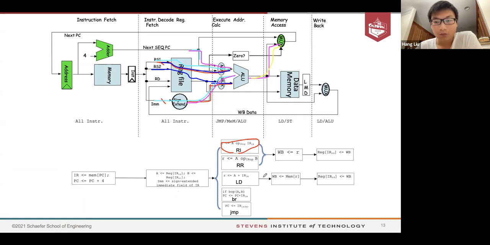And then once you finish this, for the memory access, you can have either load or store. For store, you directly store the value here, so you don't have anything passed on to write back, right? But for load, you load the data from memory and pass it on to the register file, okay?